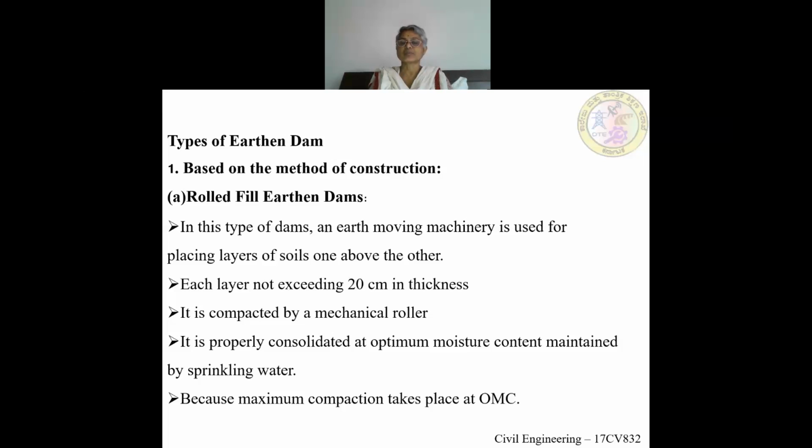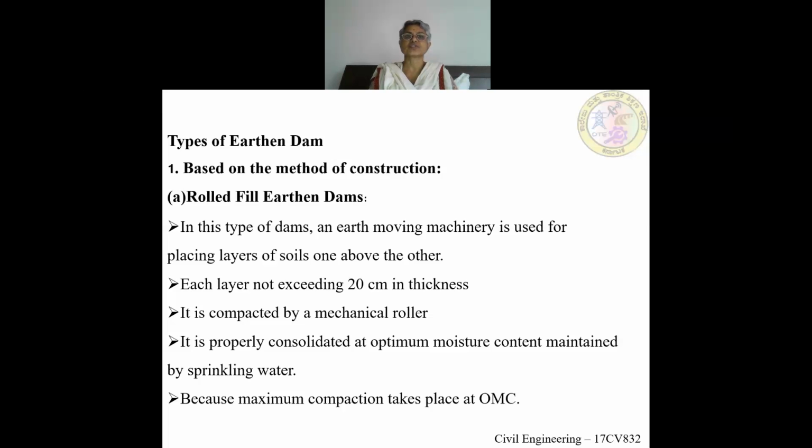We know that at optimum moisture content, the maximum consolidation will take place. So a rolled fill dam is nothing but constructing the earthen dam in layers of 20 centimeter thickness, and compacting it at optimum moisture content, which is maintained by sprinkling water.